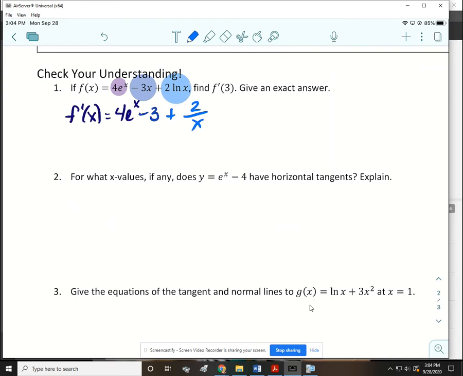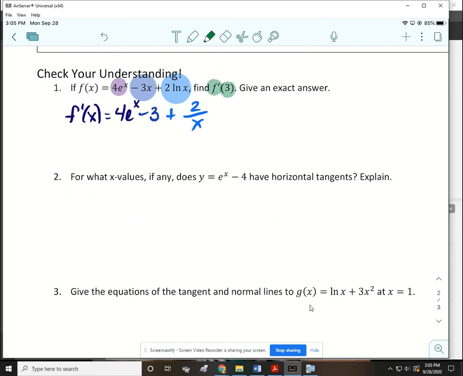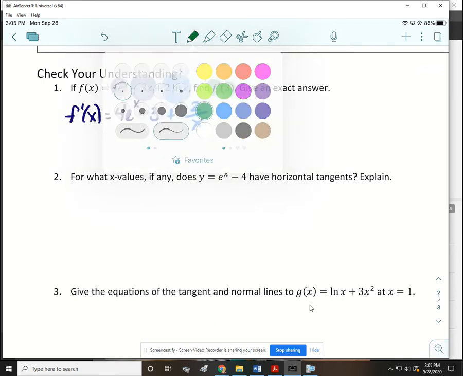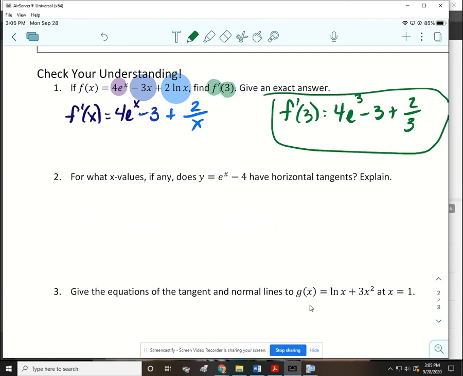All right, and then we aren't quite finished. For the final answer, to find f prime of 3, we are going to take 3 and put it in for all of our x's in f prime of x. We're going to find f prime of 3 by making all of our x's 3, and we're going to leave it like that. There is no reason to do anything else.